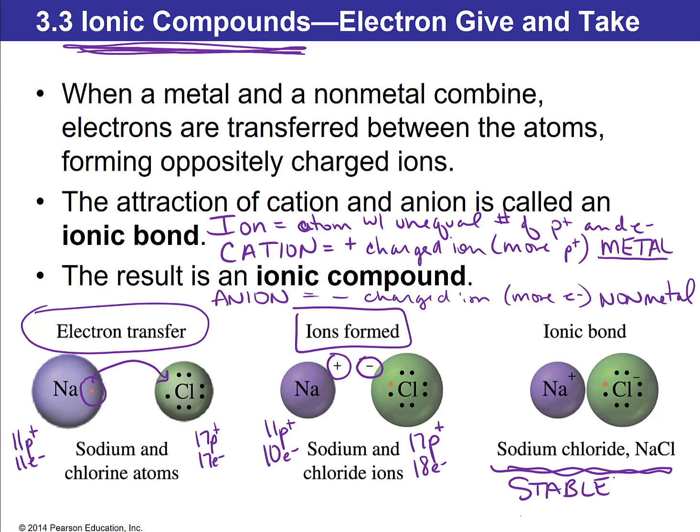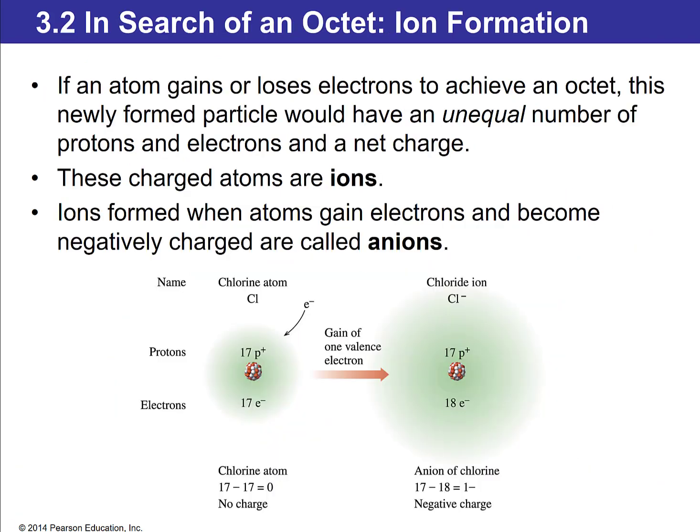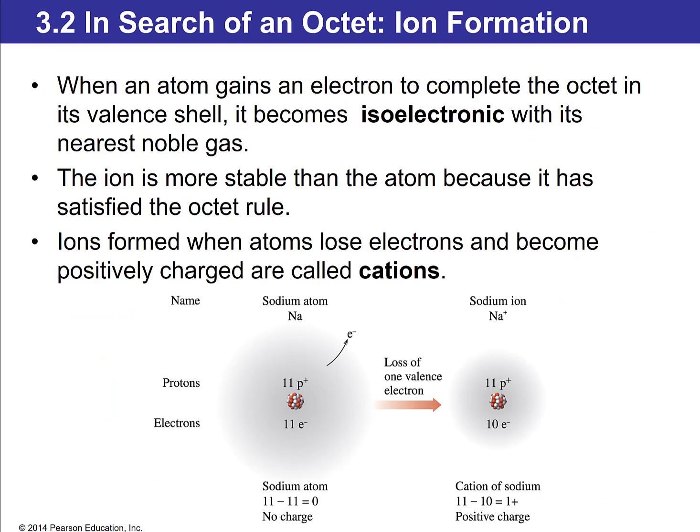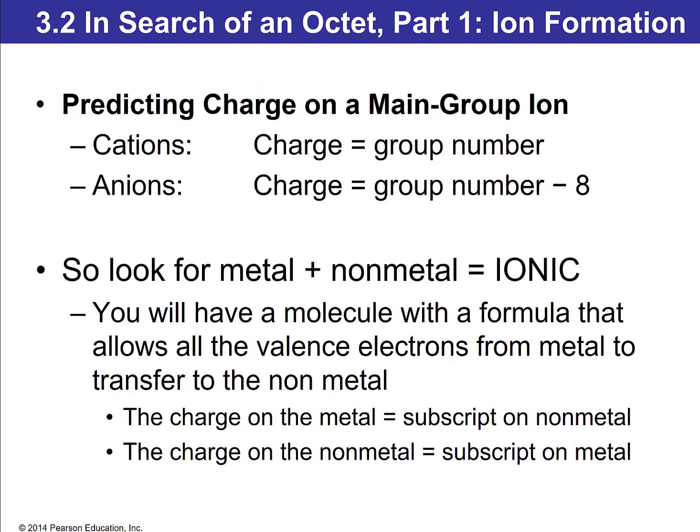So this is a great general rule that you can say about ionic compounds. Ionic compounds are always between metals and nonmetals. Metals always will lose their electron.